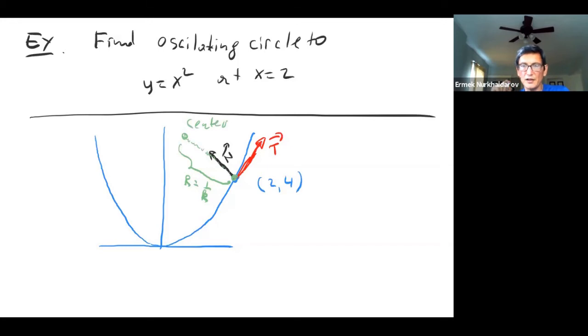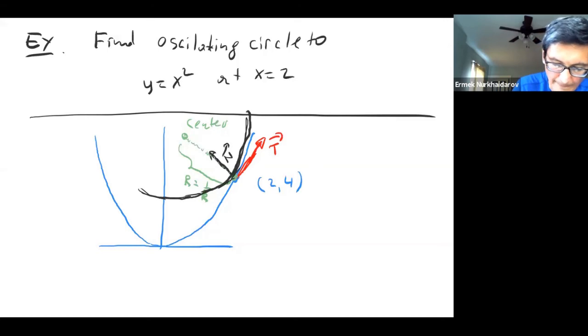Again, the radius of the oscillating circle is 1 over curvature, and the normal vector will tell you which way to go, because it is perpendicular to the tangent. A circle and a curve should share the same tangent line. As soon as we get there, we draw our circle, and that's going to be the oscillating circle we're looking for. So that's the idea.